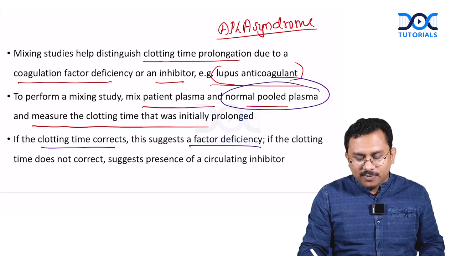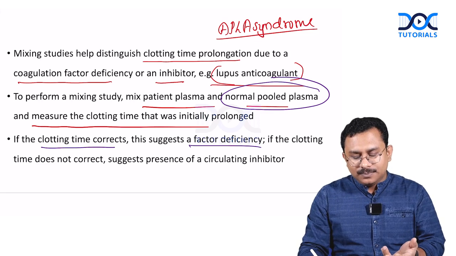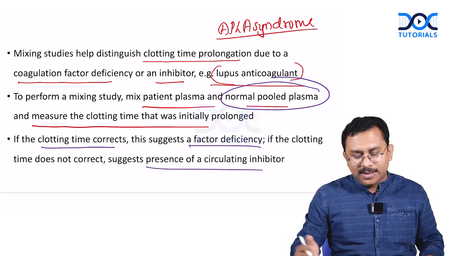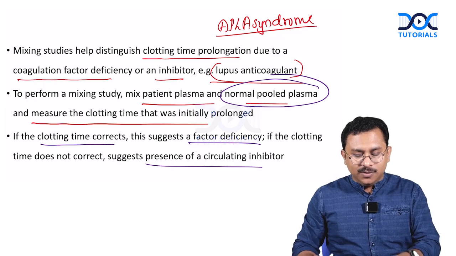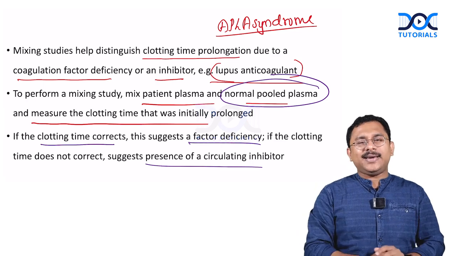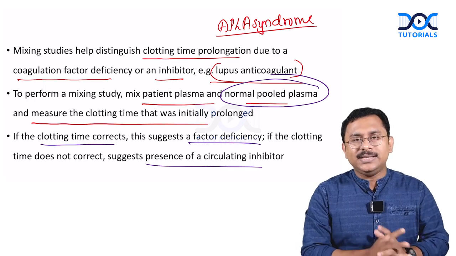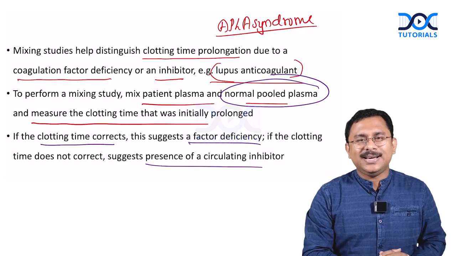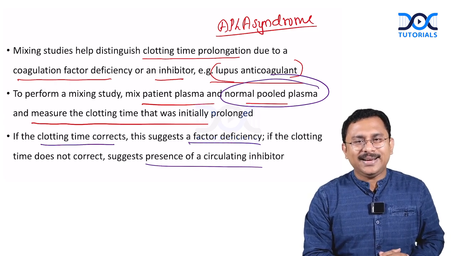Again, there will be a prolongation; it will not correct and will keep being prolonged. So you have to know the importance of mixing studies. This is how you will approach a case of bleeding disorder, and you can expect questions based on the various disorders of primary and secondary hemostasis.